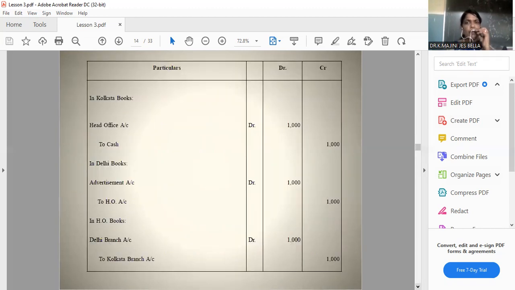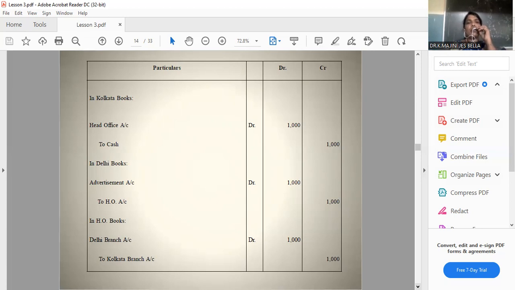Here I have given the particulars, debit column and the credit column. Okay. In Kolkata books, how can we write it? Head office account debtor to cash account. How much is the amount? 1000 rupees. So we should write head office account debtor 1000 and cash account 1000. Okay.